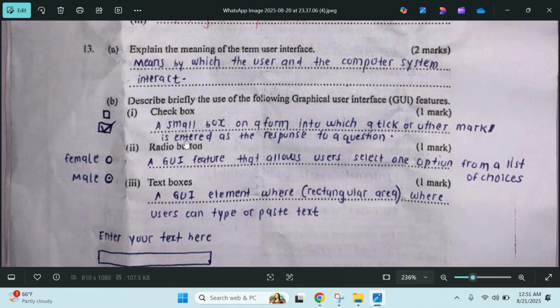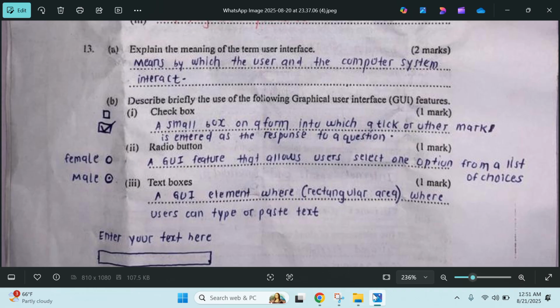Then a radio button. A radio button is a GUI feature that allows users to select one option from a list of choices.